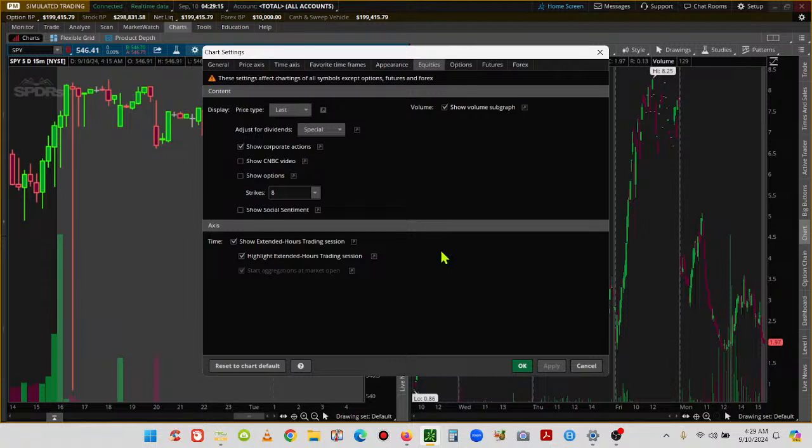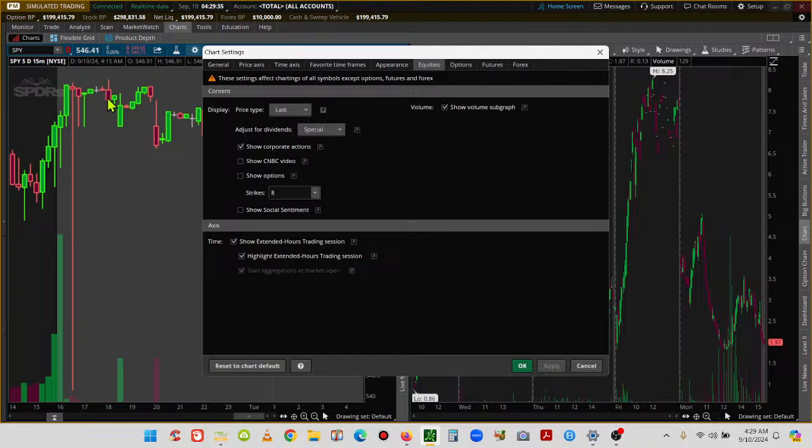I removed all that stuff and just have volume and the chart, okay, and made my charts glow a little more by changing the outer color of the candles to being bright.